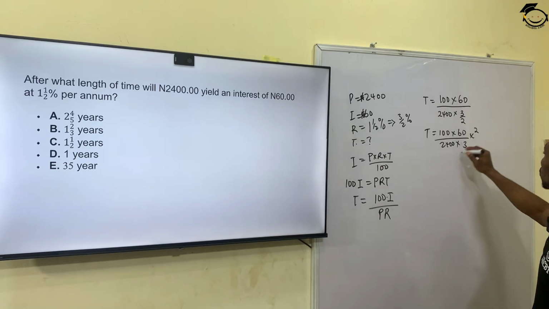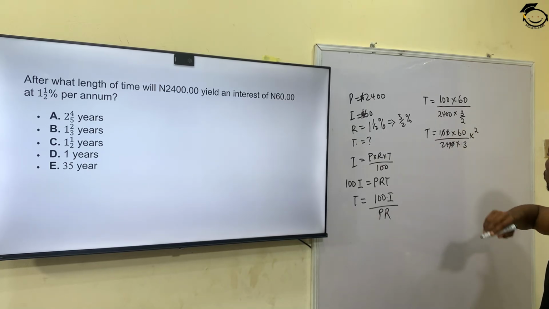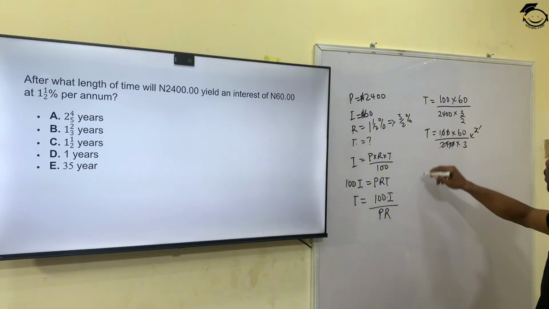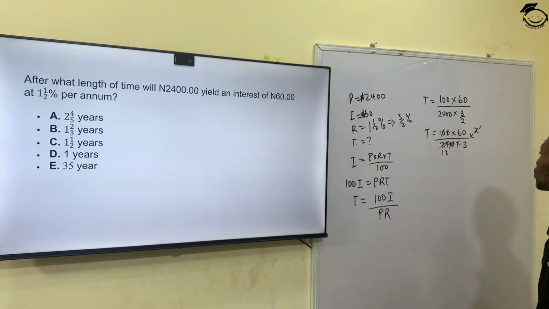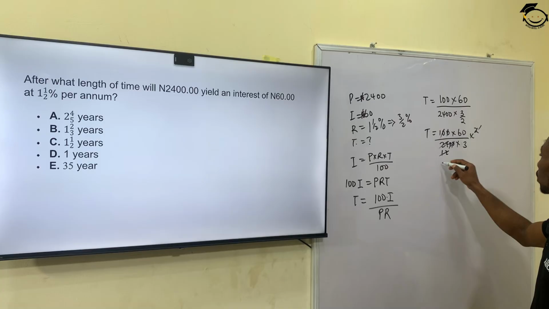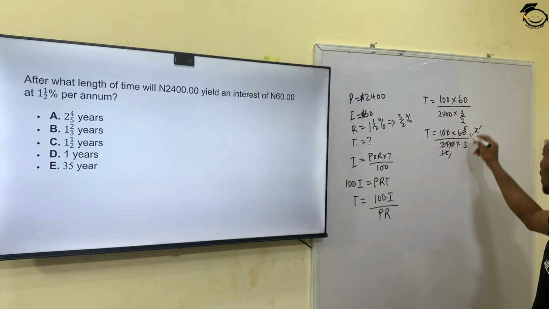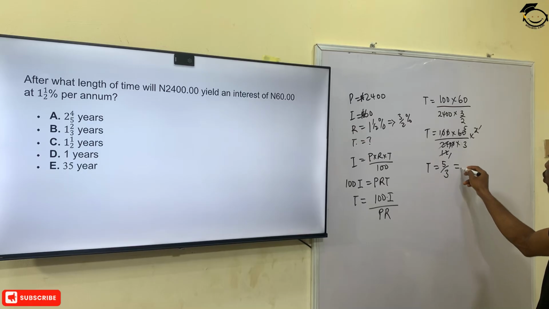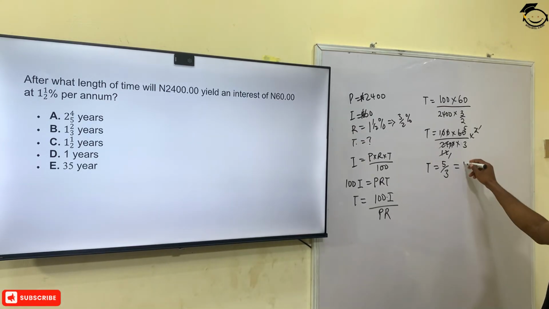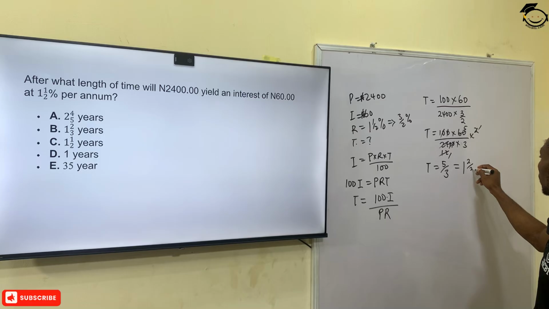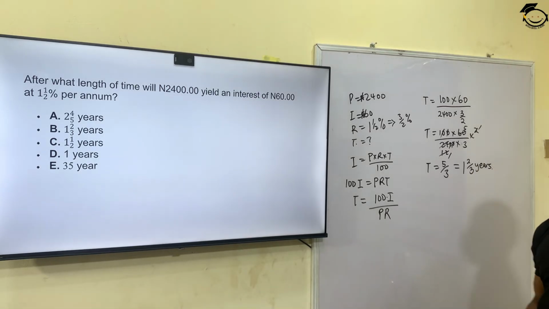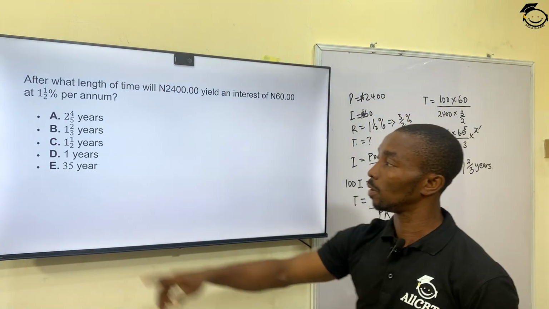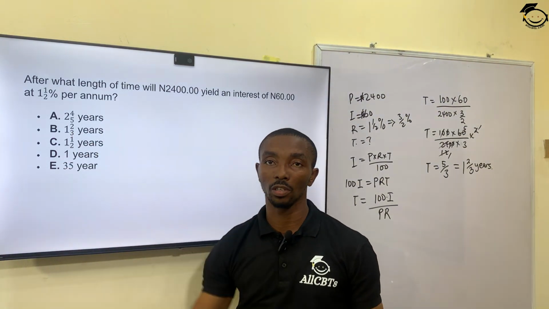All right, so this will have us cancelling our zeros. 2 here 1, 2 here 12, 12 here 1, 12 here 5, leaving us with t equals 5/3, which will give us 1 whole number 2/3 years, which is our option B, 1 whole number 2/3 years.